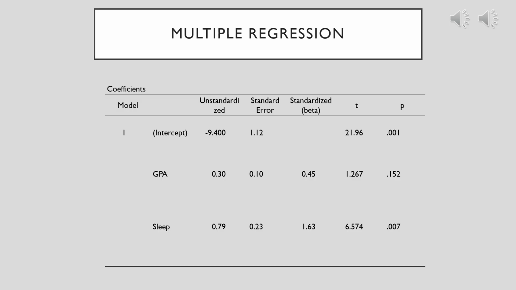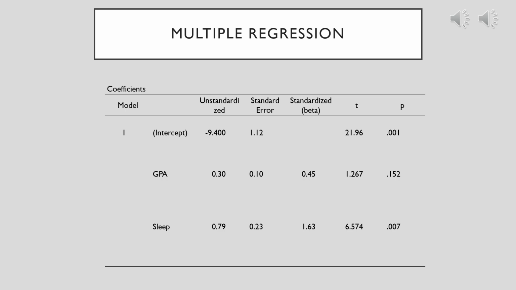Well, you can see, according to the p-value, that GPA has a p-value of 0.152. That is more than 0.05, our cutoff value. So that is not a significant predictor of happiness. GPA is not a significant predictor of happiness when controlling for sleep. But sleep, the p-value associated with sleep is 0.007.